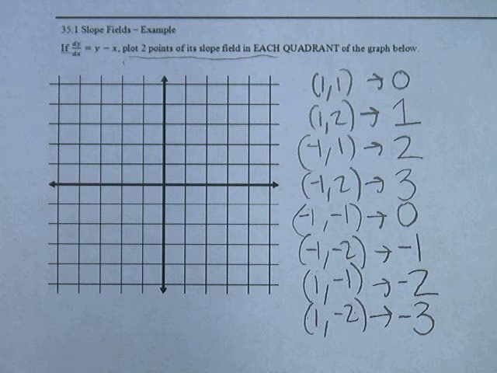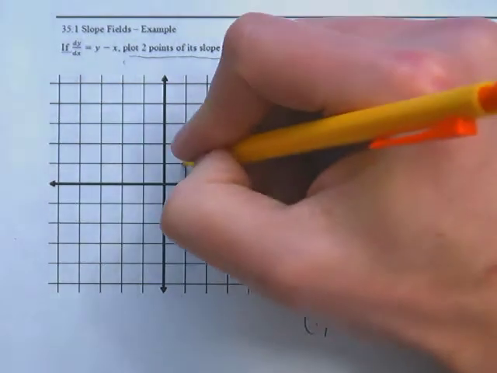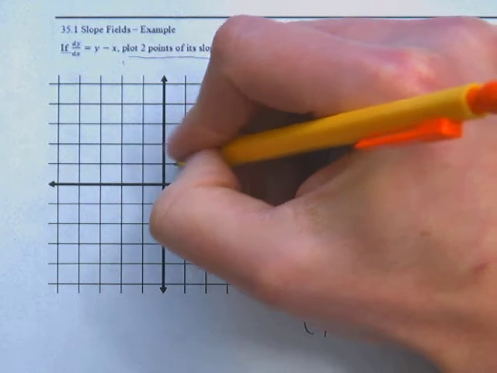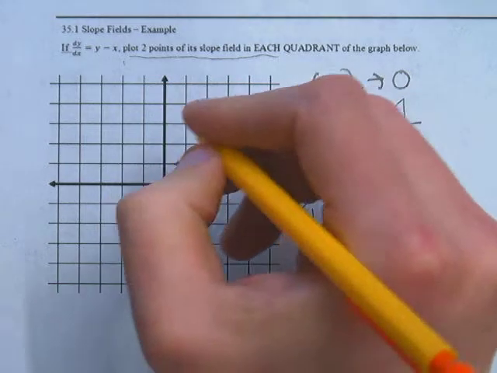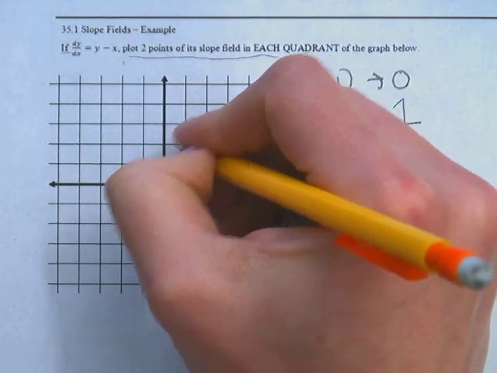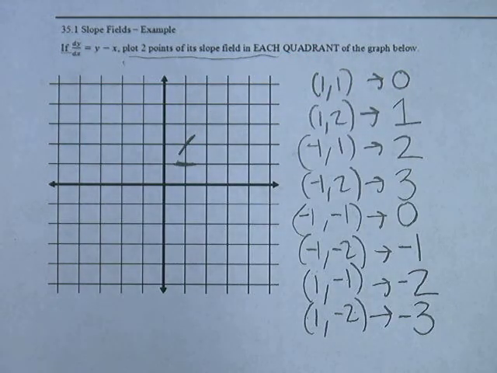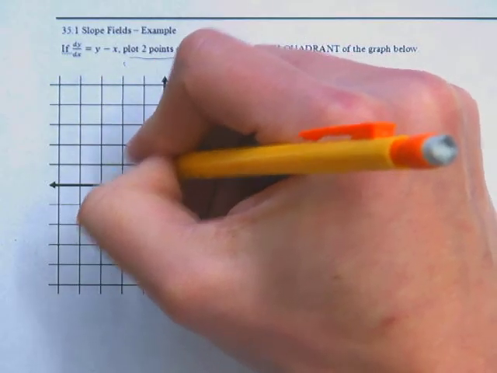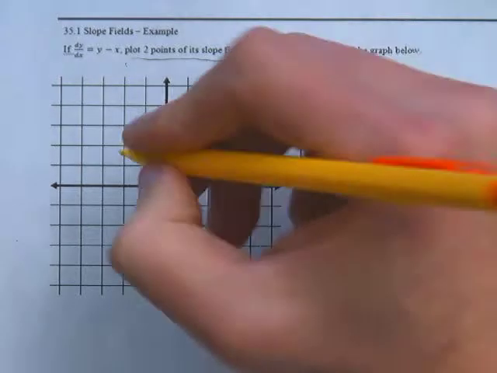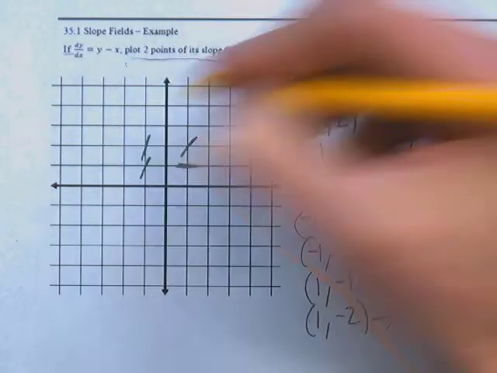I just need to graph them. So at (1, 1), I put a 0 slope. At (1, 2), I put a 1 slope. So (1, 2), that's here. At (-1, 1), I put a 2 slope. At (-1, 2), I put a 3 slope.